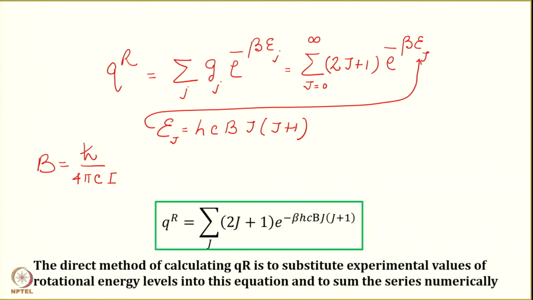Because if you look at the other parameters over here, you have beta as 1 over kT, h is Planck's constant, c is the speed of light, J is 0, 1, 2, etc. What we need experimentally is B, and that requires measurement of the moment of inertia, which is equal to mu r square. That means you require microwave spectroscopy, a spectroscopy which can allow you to determine the value of bond length. But this is a method for numerical evaluation of the rotational partition function.